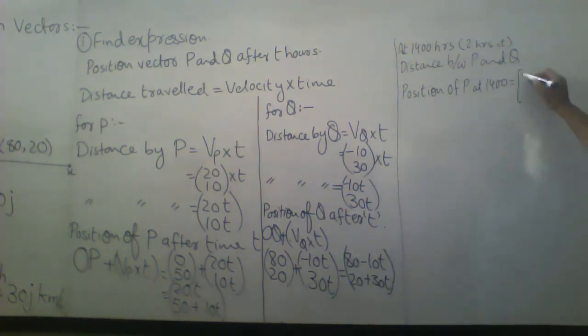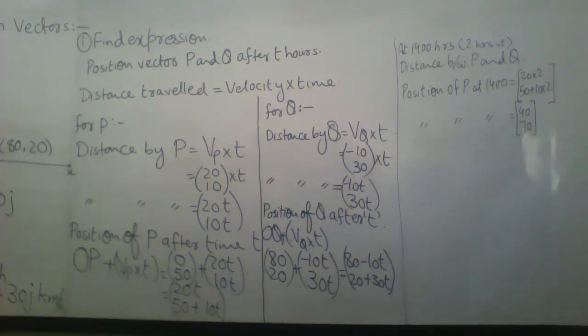So 20 into 2, 50 plus 10 into 2. Simplifying it, 20 into 2 is 40, and 50 plus 20 will be 70. That's the position of P at 1400 hours.